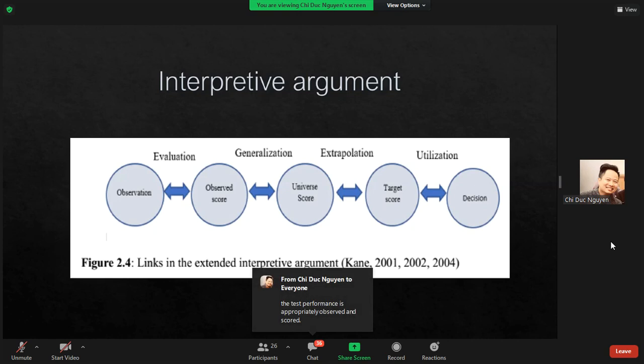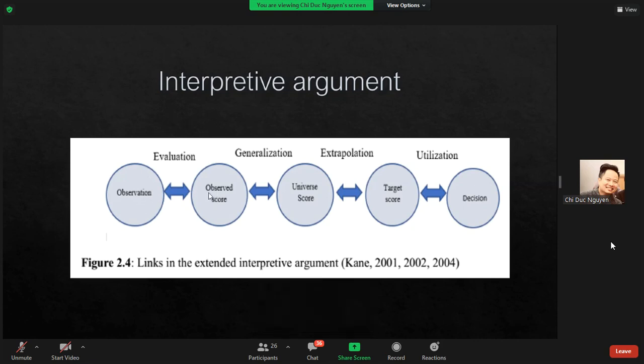That is the first underlying assumption we need for evaluation. Evaluation here refers to the scoring procedure, whether the test papers are effectively scored. That is the first assumption.